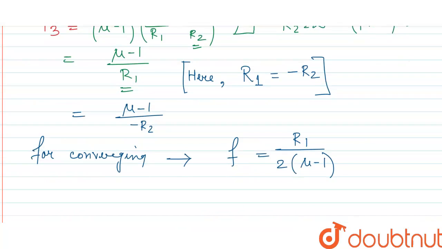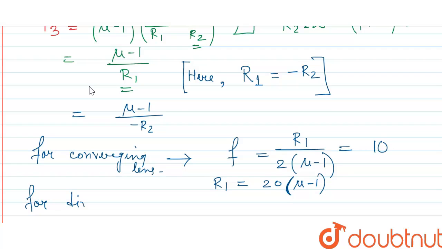So we just have to put the values. F is equal to R1 by 2(mu minus 1). This is the formula for the converging lens. The focal length is 10, so R1 becomes 20 into (mu minus 1). Then for the diverging lens, what is the formula for the focal length?